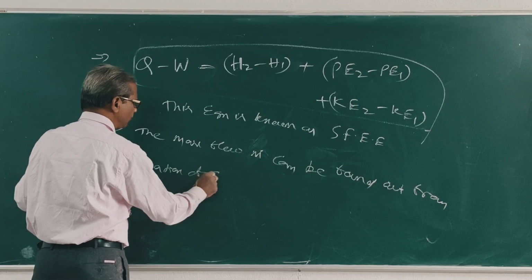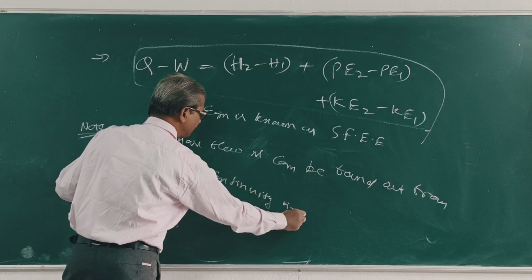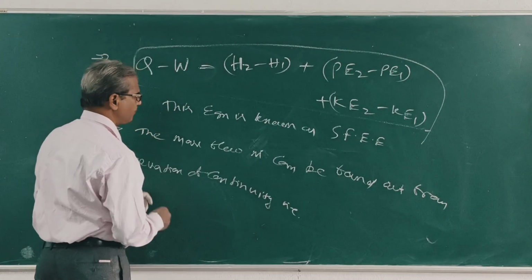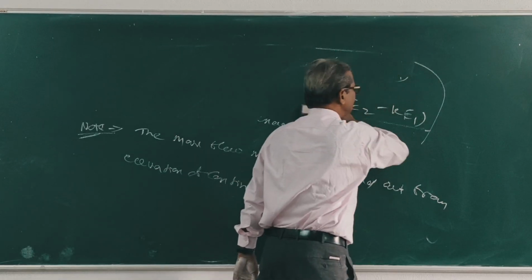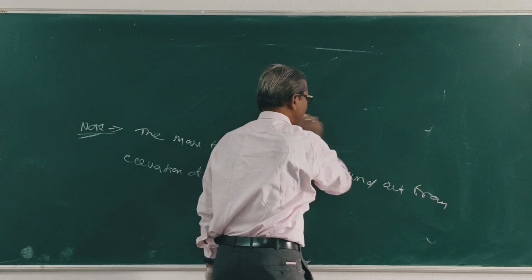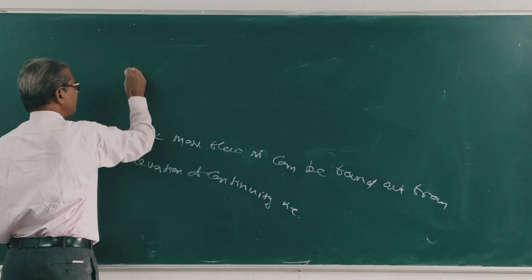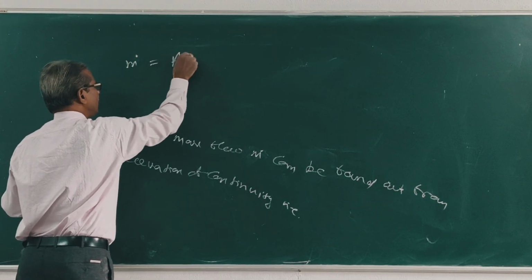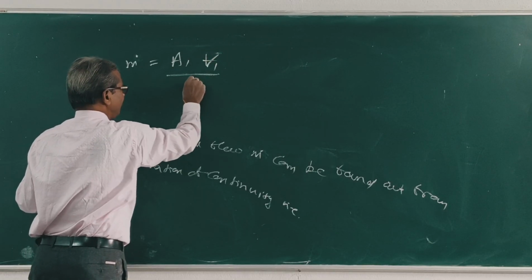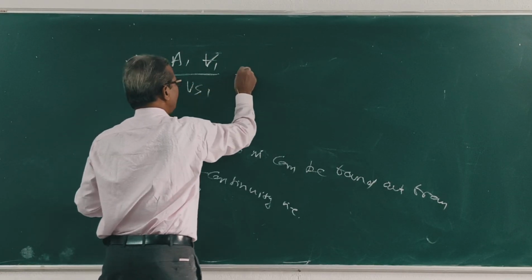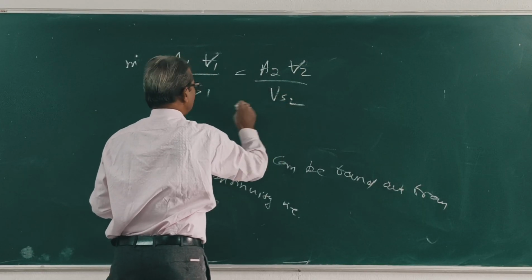What is equation of continuity? M dot is equal to A1 V1 bar by VS1, equal to A2 V2 bar by VS2.